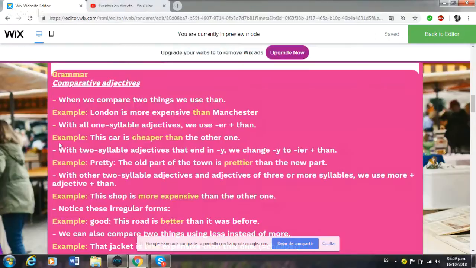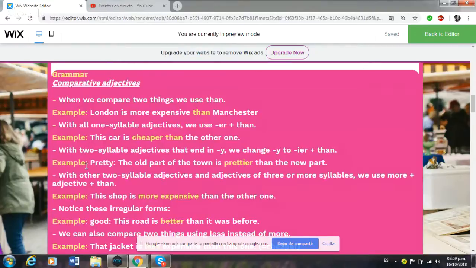Example: this car is cheaper than the other one. Cheap is an adjective that has only one syllable, so we add at the end of the word the vowel e and the consonant r, then than, to create the comparative form. This car is cheaper than the other one.